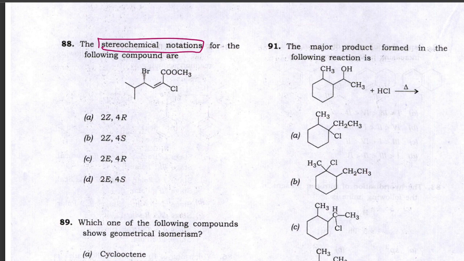From the substitution, you can see the longest chain is like this, or you can take this also, but anyway. The numbering will not be from this side, because here there is no substitution at this carbon. You can find the substitution at this carbon. This is a functional carbon itself. So start the nomenclature from here: 1, 2, 3 and 4.